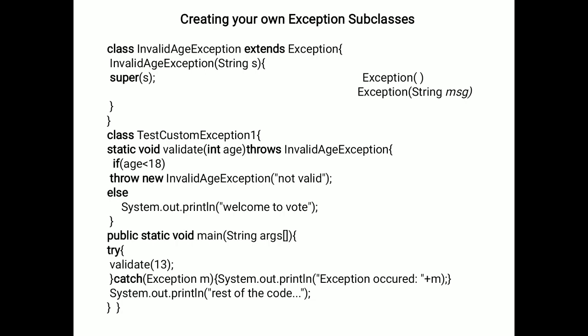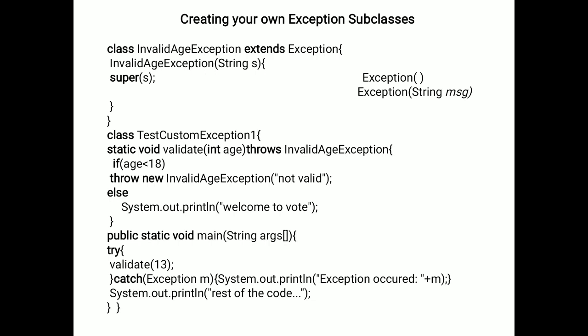Next, within test custom exception one, the throws statement is used with InvalidAgeException. That indicates that there is a chance of getting InvalidAgeException. And I am creating my own exception by using throw new InvalidAgeException, not valid, else welcome to vote.